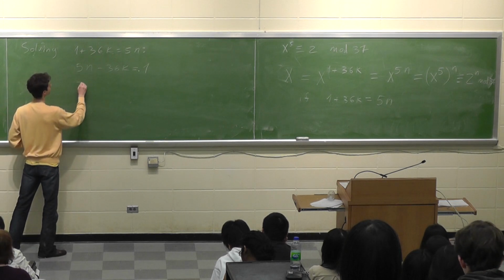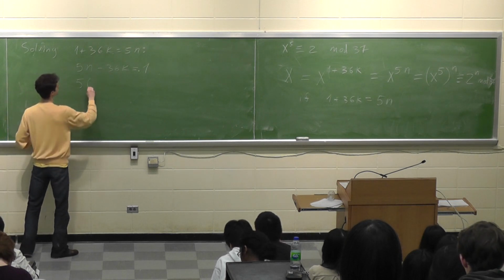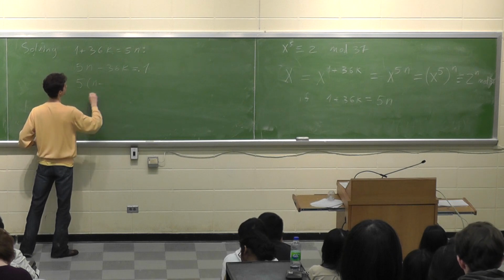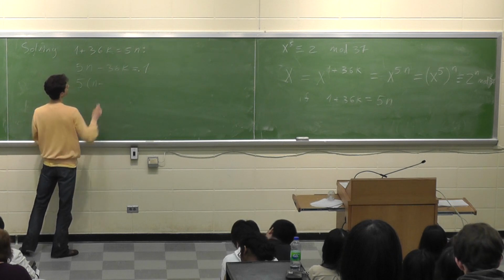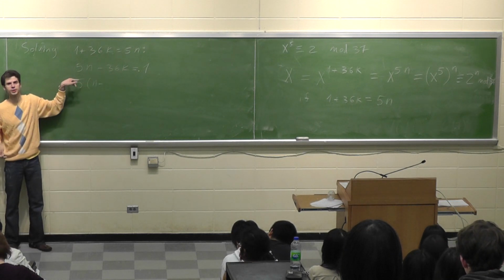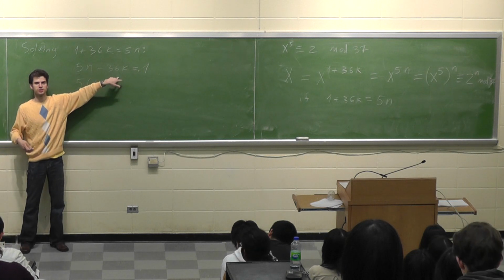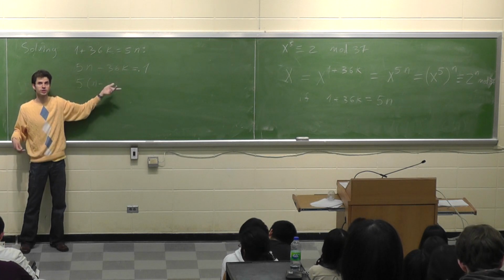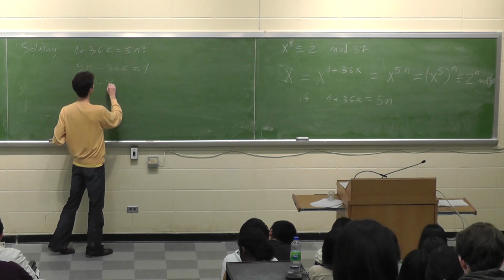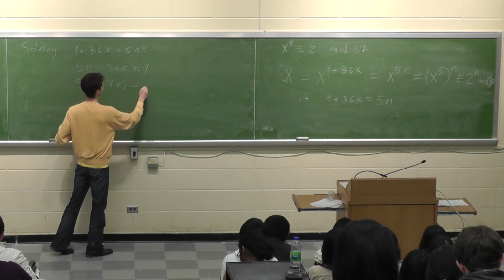Just take the thing and rewrite it as 5 times n minus, divide 36 by 5 with remainder. It is 7 and remainder 1. So I can rewrite it in this way.